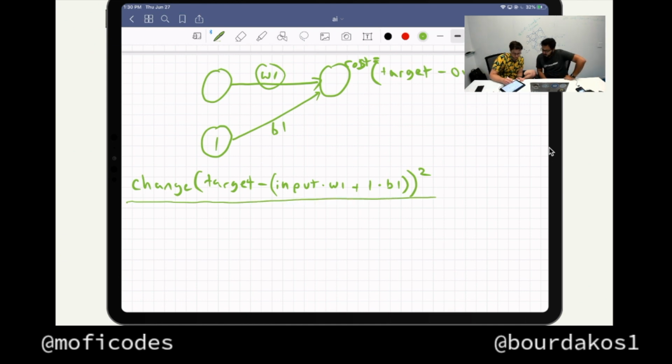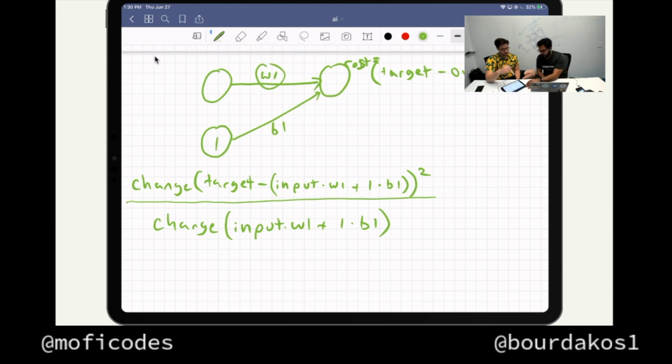So we want to find the change in this cost function with respect to the change in weight one. But in order to get there, we're going to first do it with respect to the change in input times weight 1 plus 1 times bias 1. So we're doing the change in the cost with respect to the change in this output right here, this output before we calculate the cost.